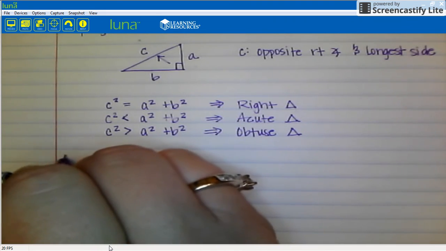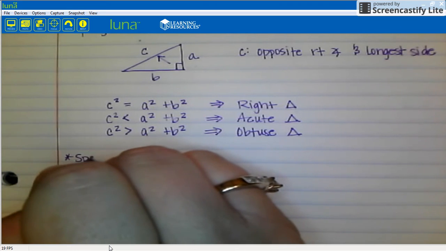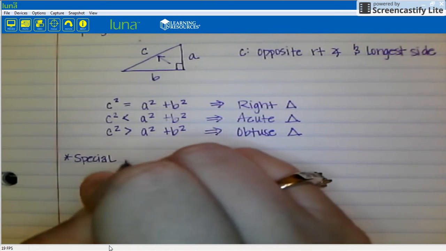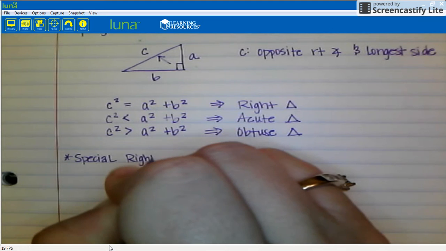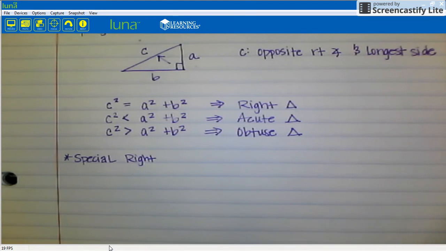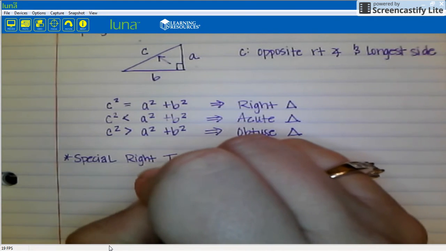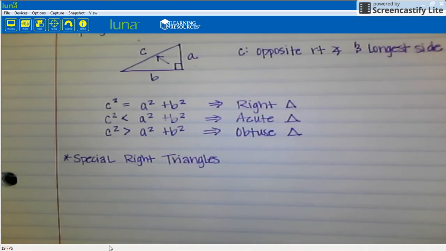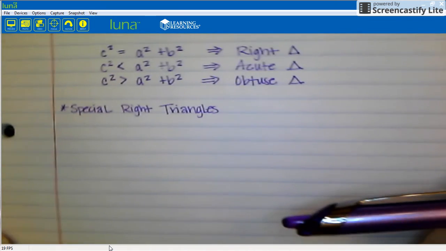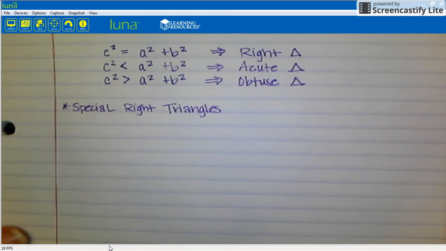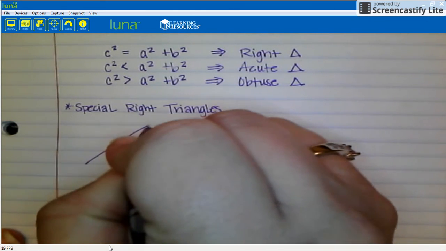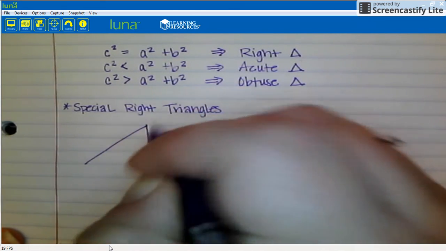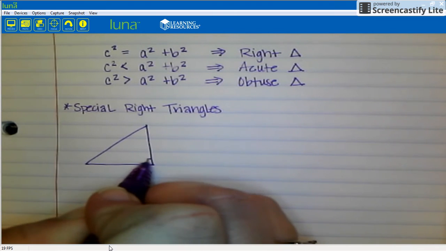You should have also studied special right triangles at some point throughout your math studies leading up to this point in high school. Just to give you a very brief refresher on what those special right triangles are, you have two different kinds. You have the isosceles right triangle, which gives you a 45-45-90 ratio with your angles.